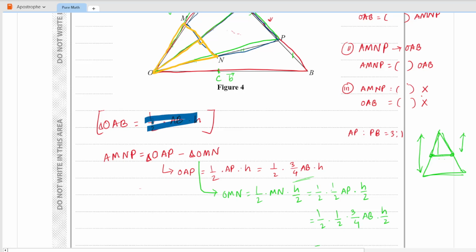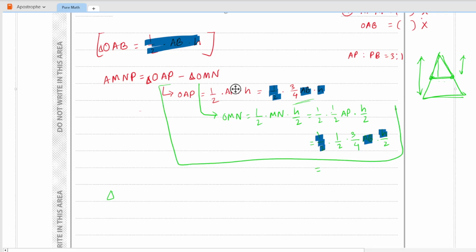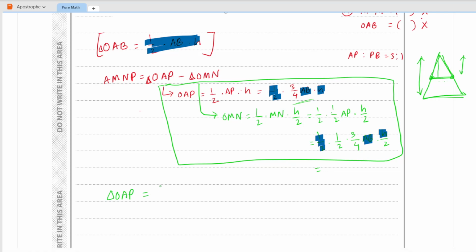This whole term you can find it in here, half AB and H. Similarly you can find it here as well, half AB into H. So we can write triangle, these all these parts, these are actually like for your understanding. So OAP is equals to what?